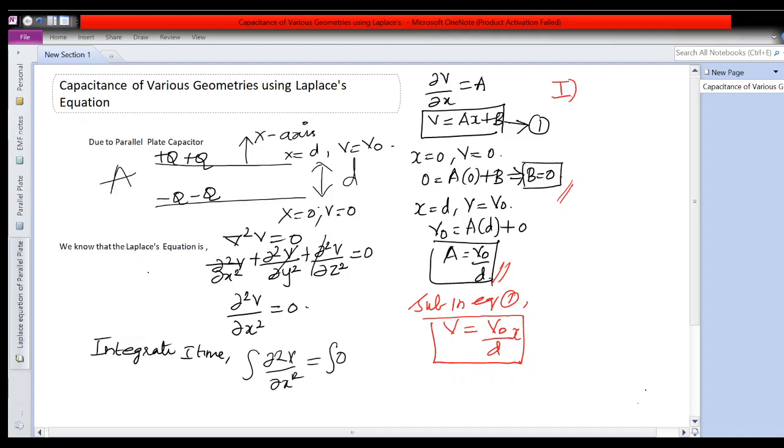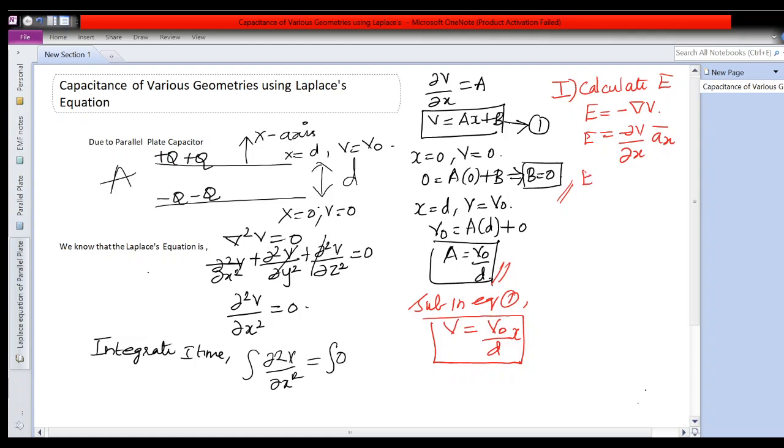There are 3 steps. First we are going to calculate E. How will you calculate E? E is equal to minus del V, which I can write as minus dou V by dou x into Ax vector. This is my E. There is no variation along y and z, so I am not going to take the term.